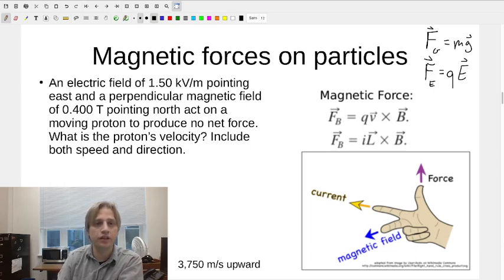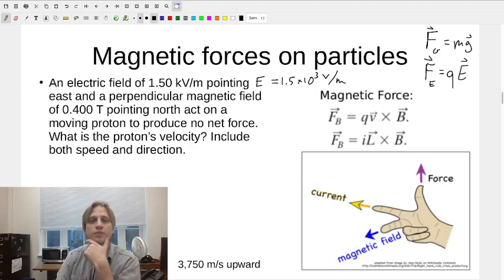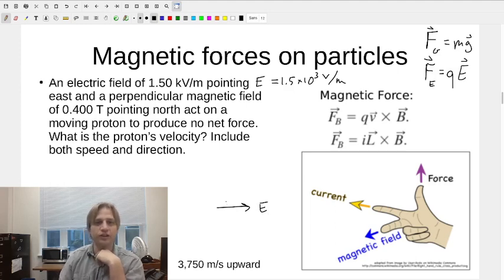Now let's take a look here. An electric field of 1.5 kilovolts per meter. So that's the size of E. 1.5 times 10 to the third volts per meter. That's the same as newtons per coulomb. Pointing east. Okay, E for electric field, E is also for east.